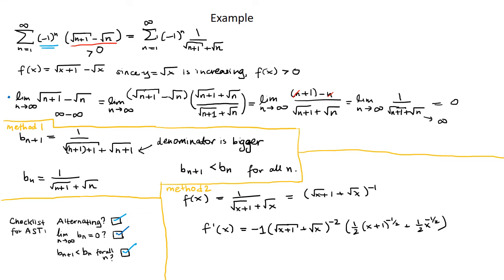You can notice here, though, that this is negative, this term is positive, and so are these terms. These are also greater than 0. So together, our derivative is less than 0. And so our function is decreasing.